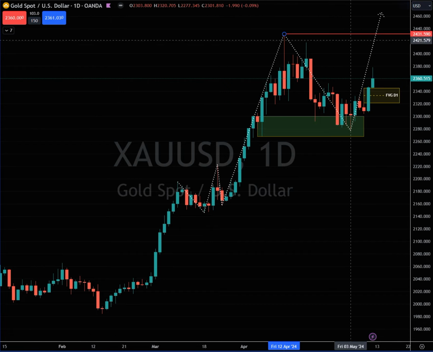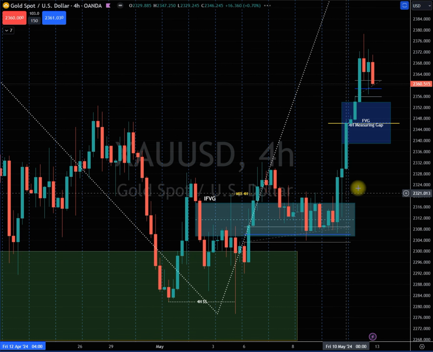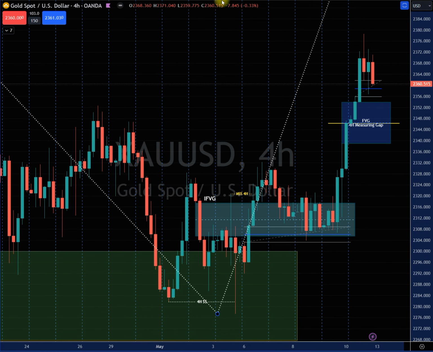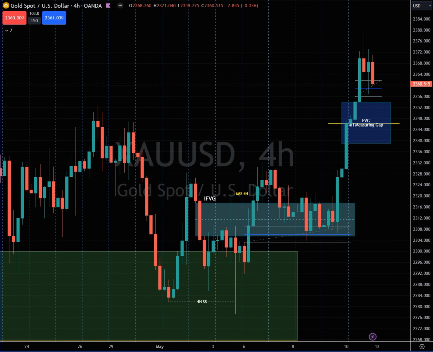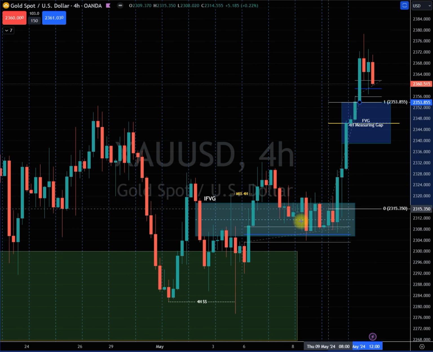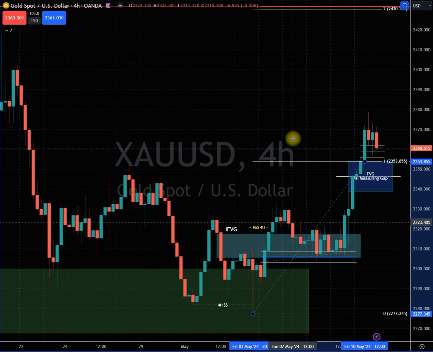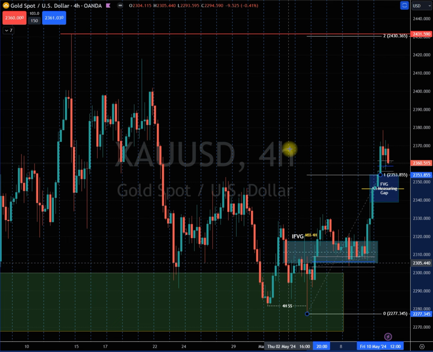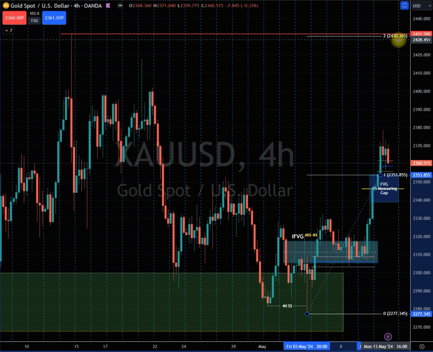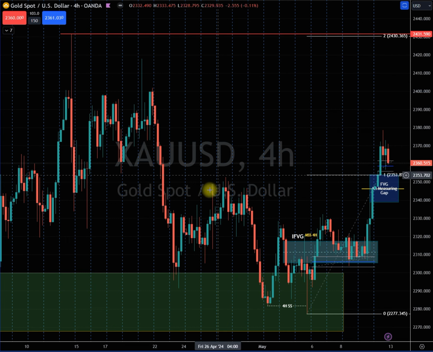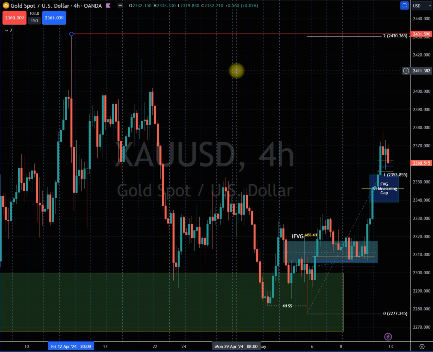So the measurement that I got from the 4-hour measuring gap, if I did correctly identify it, at 2430, is in line with my analysis on the daily time frame based on the ERL to IRL ICT concepts.